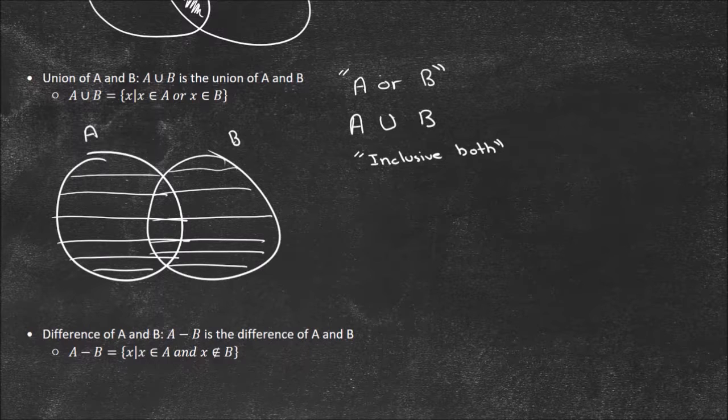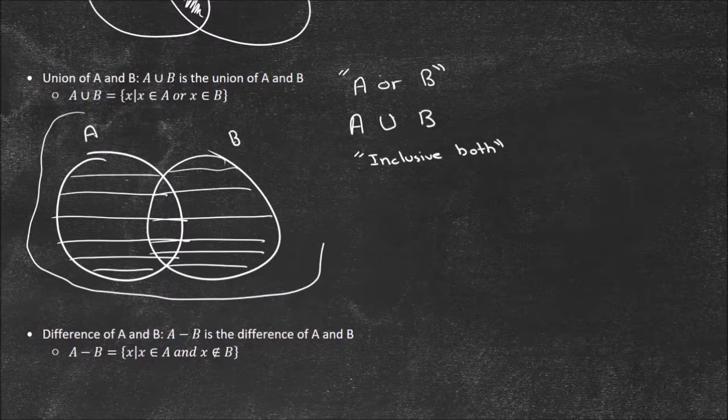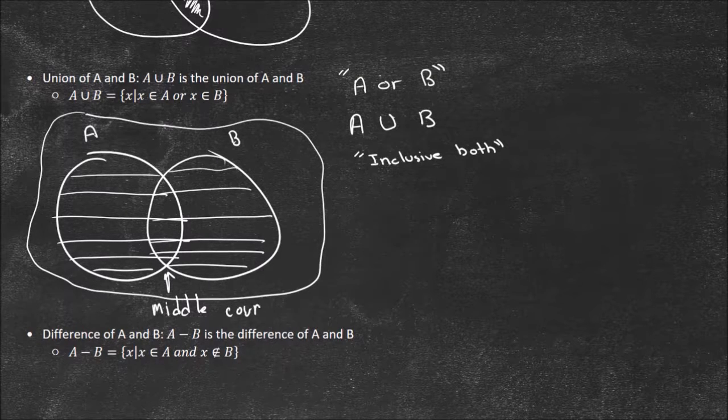The entire thing is A or B. And remember, we assume there's some big universe on the outside, so it doesn't mean A or B is everything in the universe. We just mean it's everything in those two sets. And it's inclusive, so the middle spot does count. So that means that A and B is inside of A or B. That's an important thing to know later on.